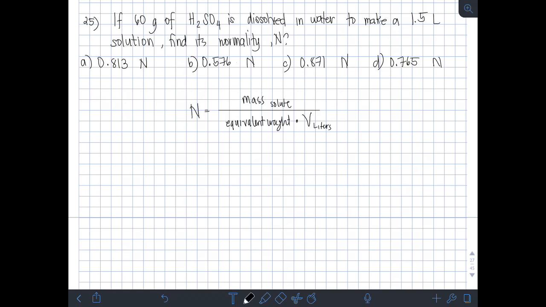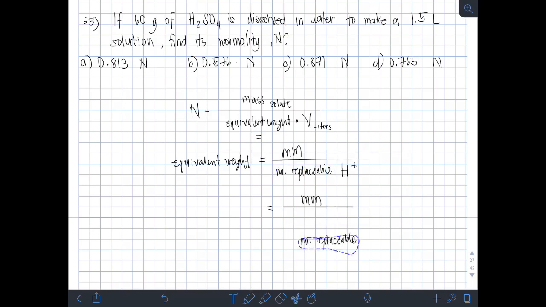The equivalent weight can be obtained as the molar mass divided by the number of replaceable hydrogen ions for an acid, or the molar mass divided by the number of replaceable hydroxyl ions for a base.